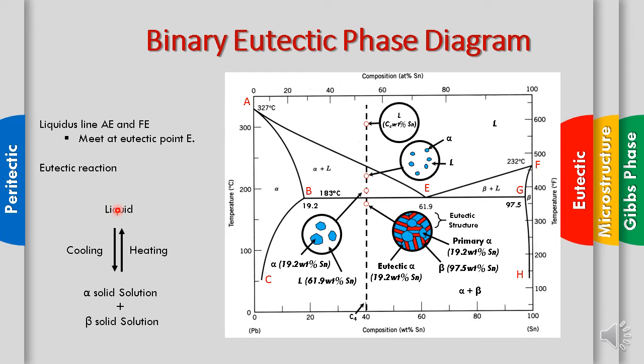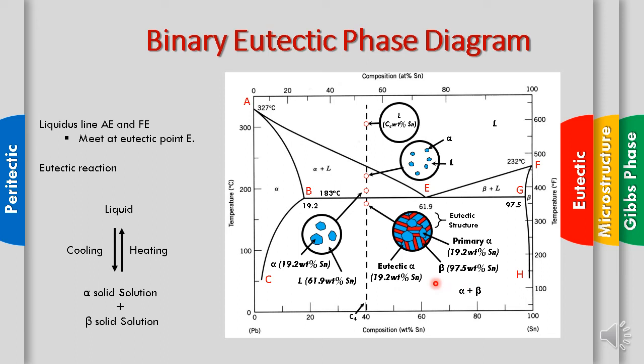From the liquid phase, when it starts cooling down, it will transform to alpha solid solution plus beta solid solution, whereby there is no transformation to beta liquid or alpha liquid in this region. It just transforms from liquid, starts to cool down, and finally produces alpha and beta solid solution.